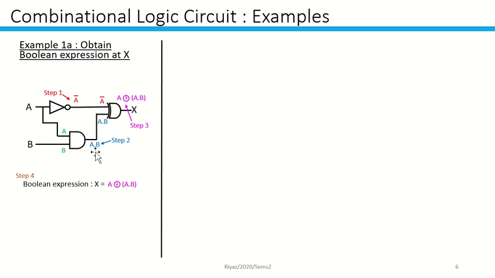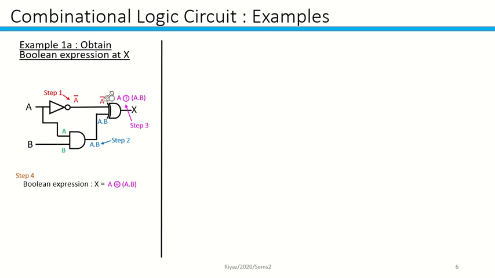In the second step you're going to have A dot B. A dot B becomes an input here. So you're going to have A bar on the top and A dot B on the bottom, going through the exclusive OR gate. And for the final step 3, we bring the A bar from here.